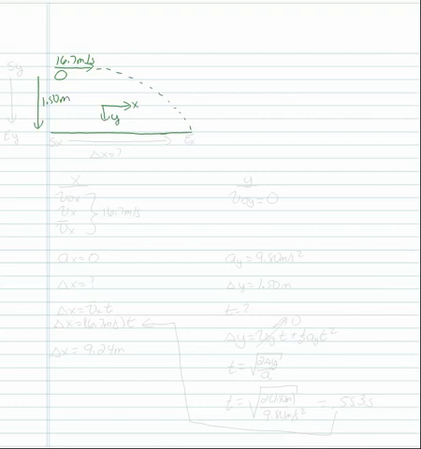We still need starting and ending positions, but we'll use two of them: start x, end x, start y, and end y. It's very important to train your brain so that when you're viewing y, you only look up and down, and when you're viewing x, only look left and right. The problem said what is the range, so we're looking for delta x.